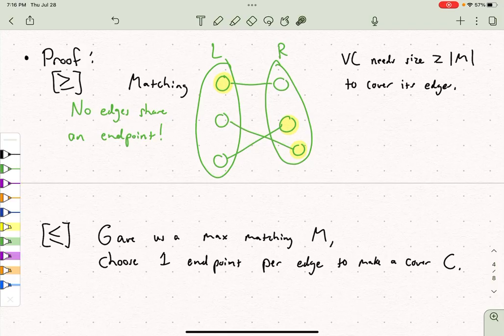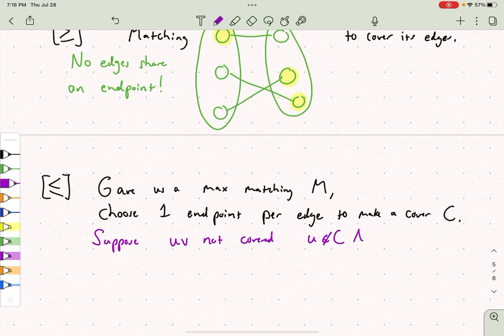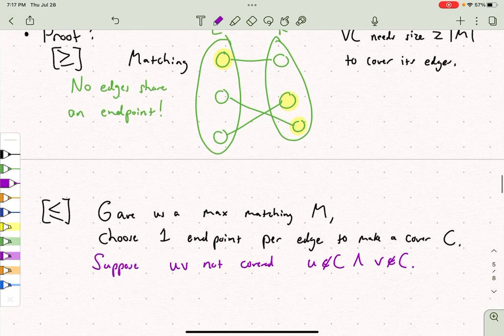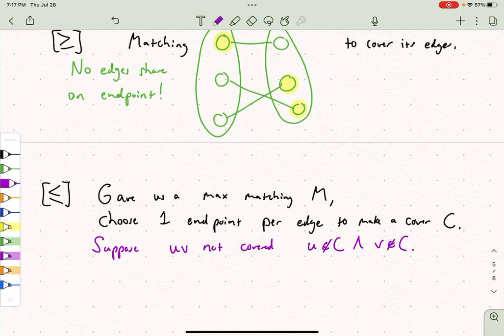Now, intuitively, the reason this would work is, let's say there was some edge. So suppose some edge U to V was not covered. Well, that means U and V are both not in C. So U is not in C and V is not in C. But if neither of those vertices were in C, then that means both of these endpoints aren't in M either.